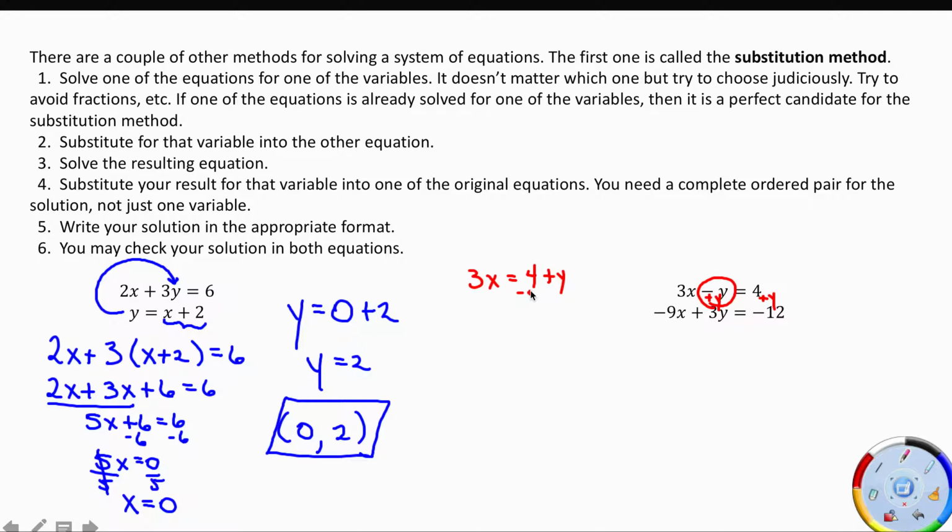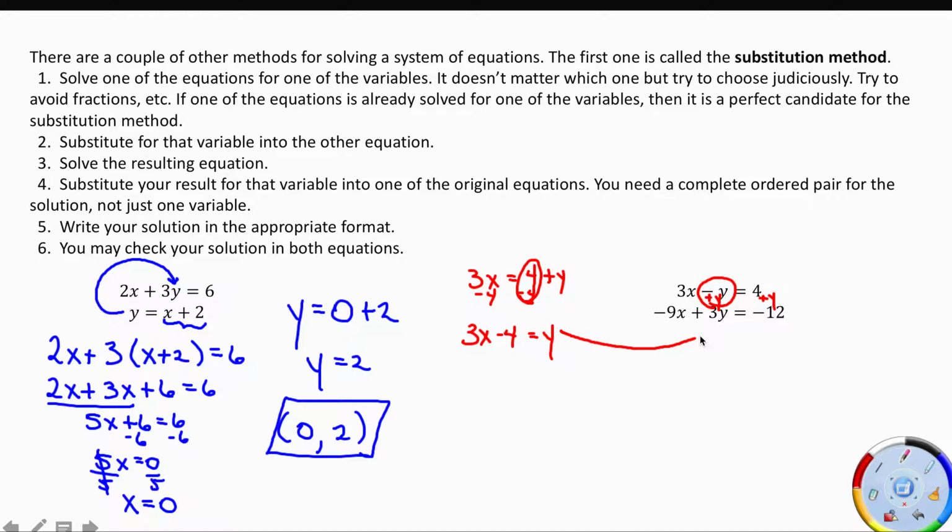And then I can subtract 4. So 3x minus 4 equals y.